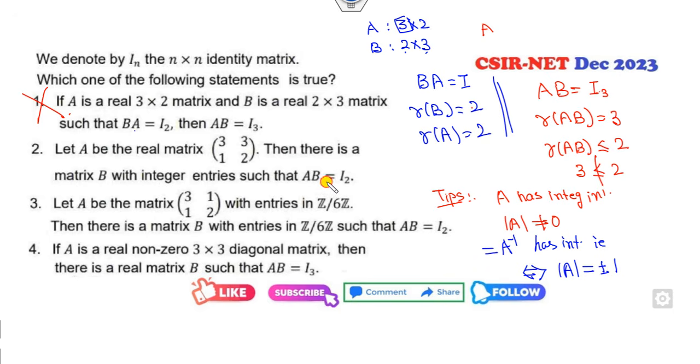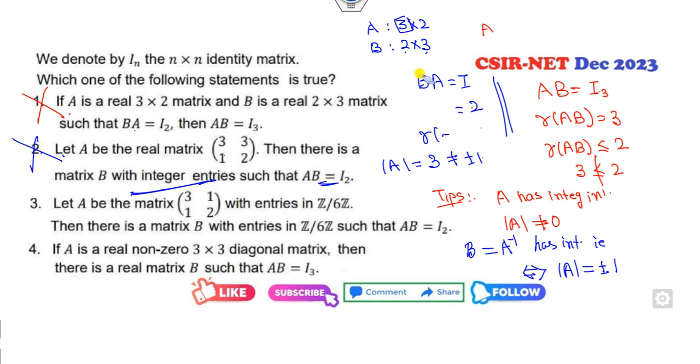What is the B inverse? A inverse is basically B. What is the determinant of A? 6 minus 1, 3, which is not equal to plus or minus 1. So does it satisfy? Fine. So the second option is also cancelled.